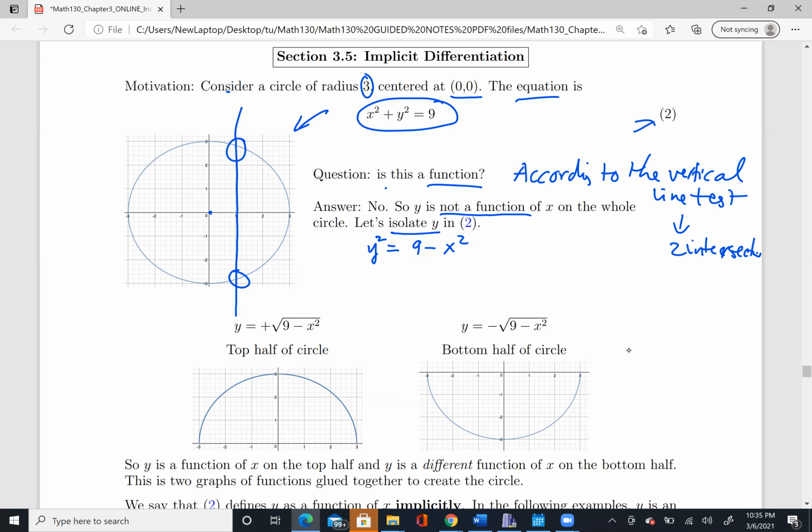You subtract x squared from both sides, so you have 9 minus x squared, and then if you take the square root of both sides, you will have two cases. One is y equals the positive square root of 9 minus x squared, and the other is y equals the negative square root of 9 minus x squared.